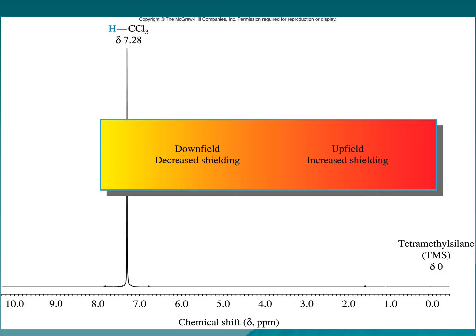All right, so let's look at an NMR. This is a hydrogen NMR of this molecule. It's got 1 carbon, 1 hydrogen, and 3 chlorines on that carbon. The signal is at a higher number, so that's a downfield shift. And the higher the shift, the less shielded the hydrogen is.